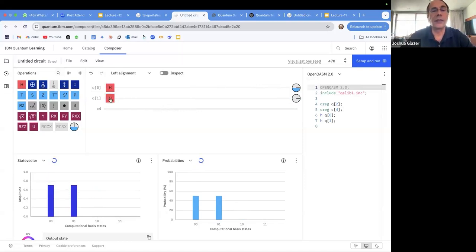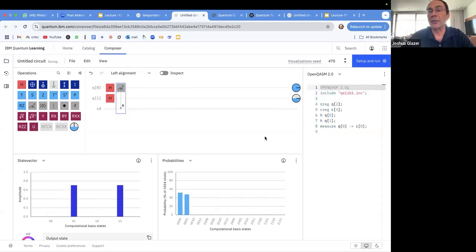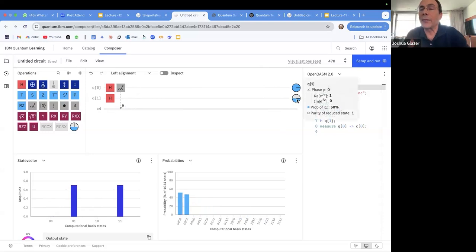Now both of them have a 50% chance of being 0 or 1. You agree with me? Now let's measure this one. I'm measuring the first one. It came blue, but nothing happened to the lower one because they are not entangled. They don't care about each other.